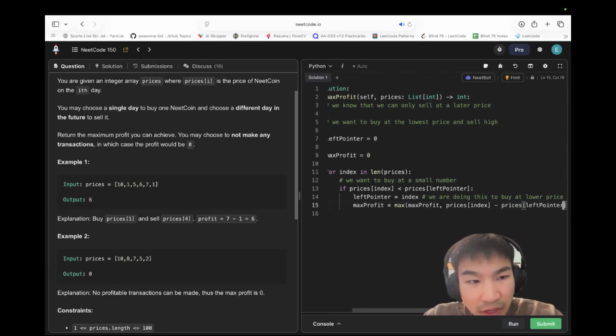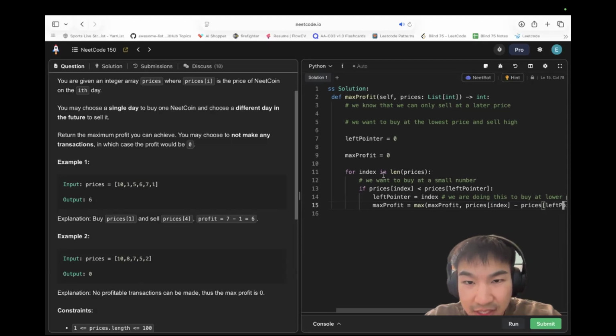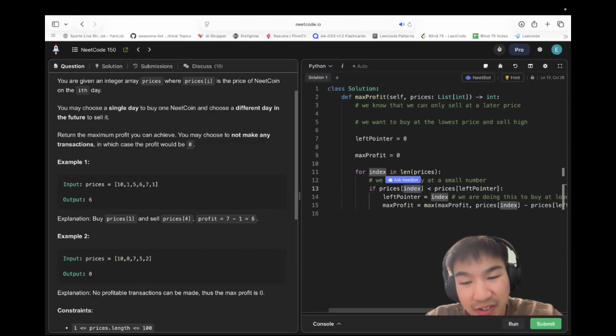So far, if we're both at 10, we don't have anything. Price index right now is 0, left pointer is 0. These are equal right now.